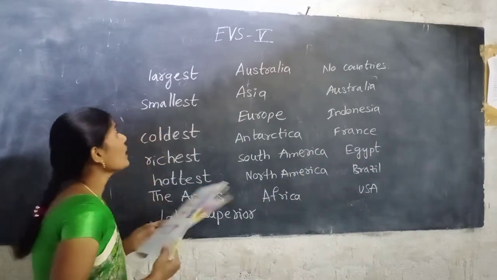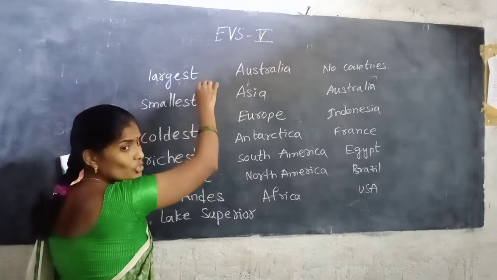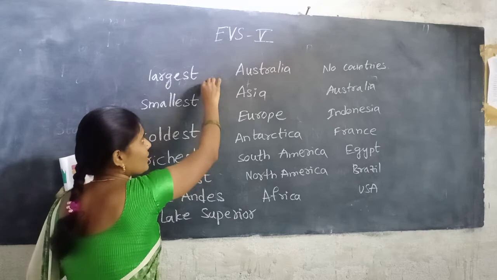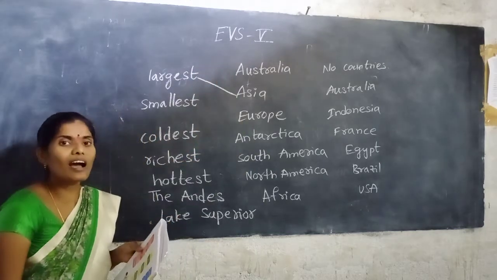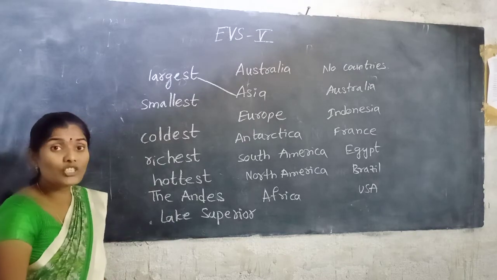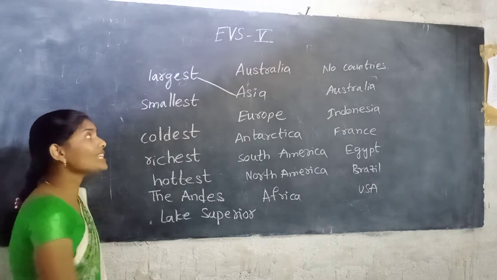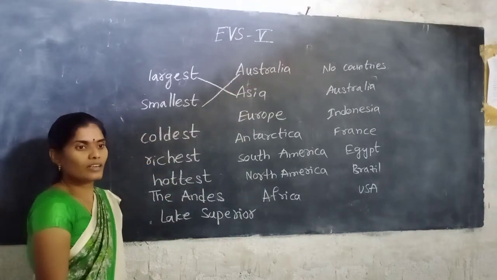Now see, what is the largest continent? Asia is the largest continent. Next, what is the smallest continent? Australia. Match to Australia.